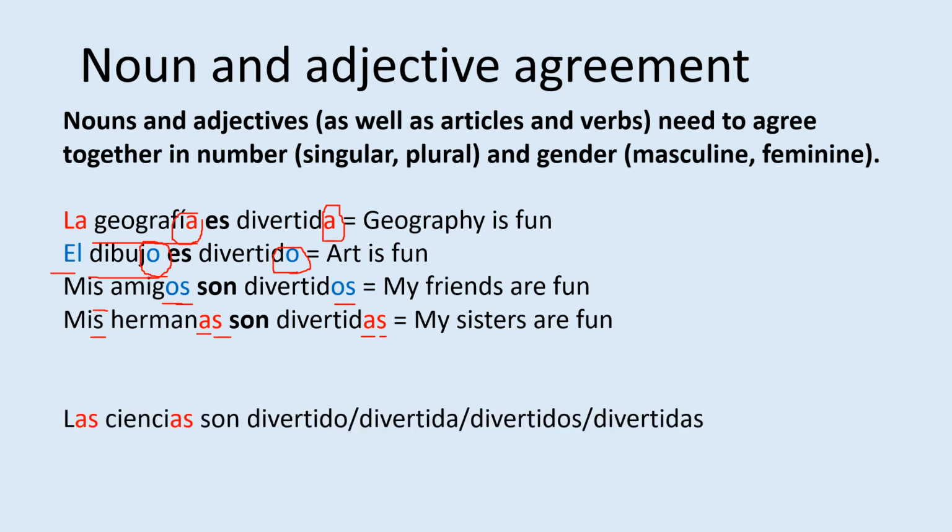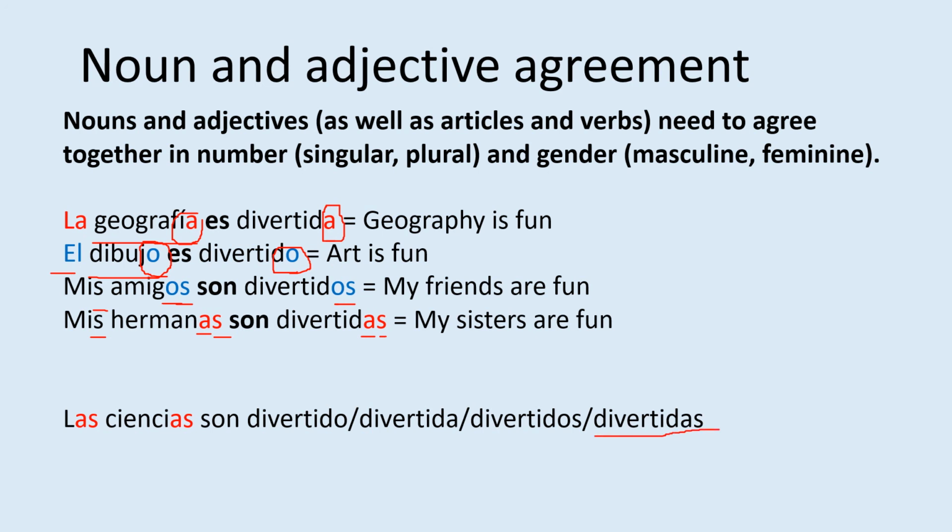So let's do a couple of examples together. Las ciencias son, right, make your choice. Is it divertido, divertida, divertidos, o divertidas? 3 seconds. And the answer is divertidas.